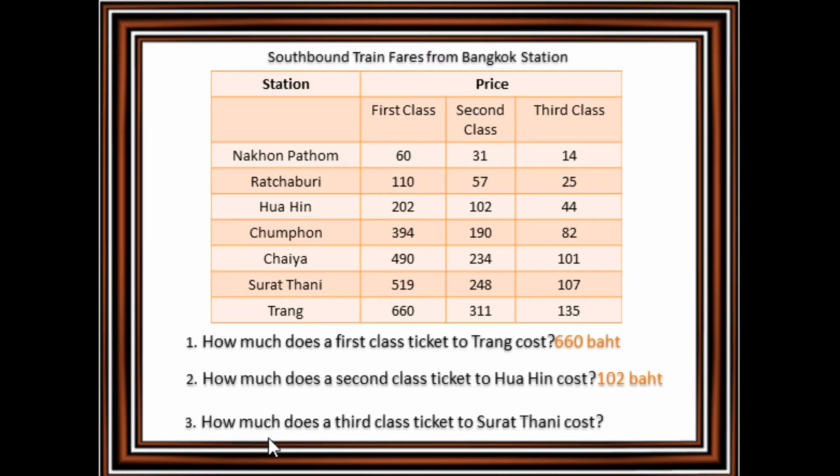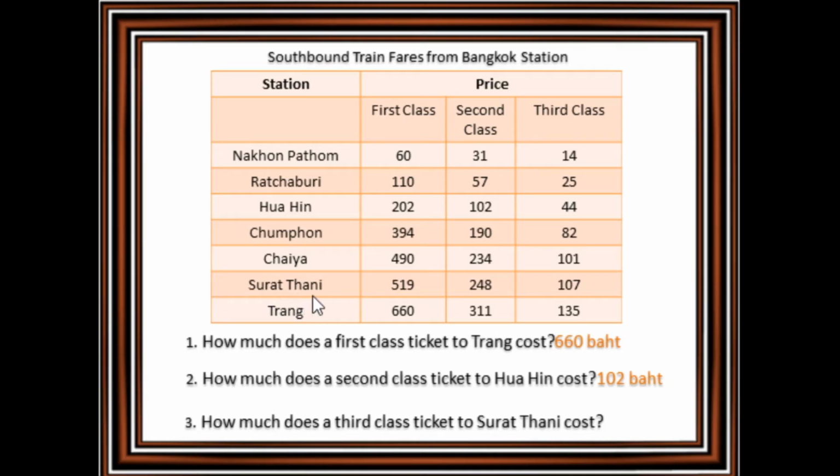How much does a third class ticket to Surat Thani cost? This time we need to go to third class. First class, second class, third class. To what station? Surat Thani. So we need to find Surat Thani. Nakhon, Ratchaburi, Hua Hin, Chumphon, Chaiya, and Surat Thani.